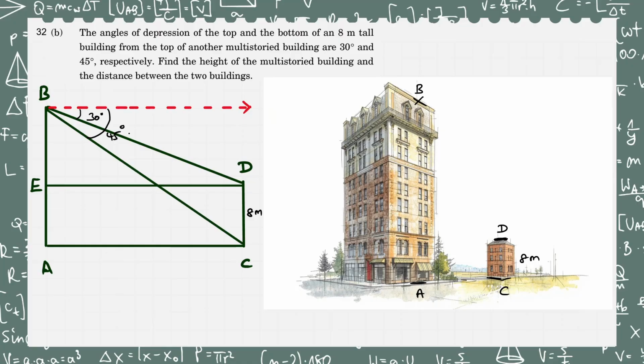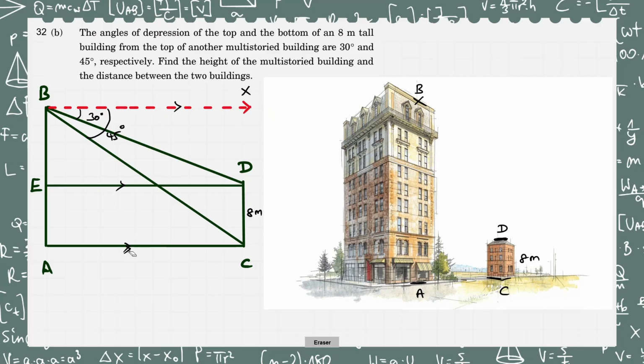Again we know that this BX line, ED line and AC line all are parallel to each other, because the eye level horizontal at the position of the observer will be at the same level as the ground, right? They are parallel to each other.